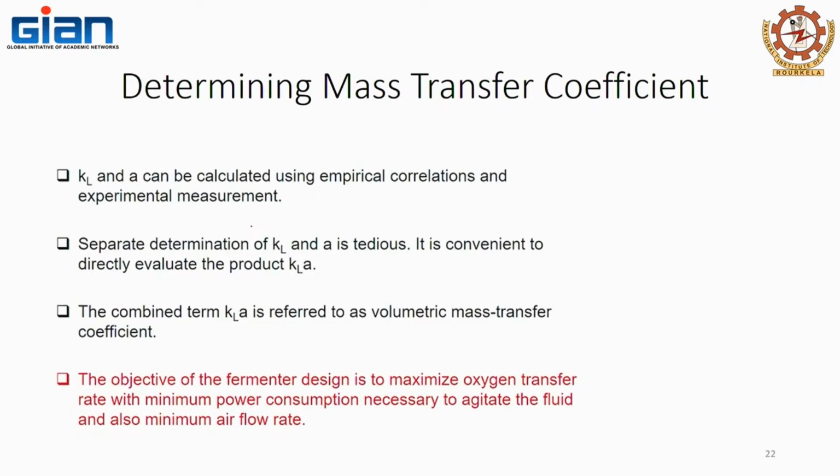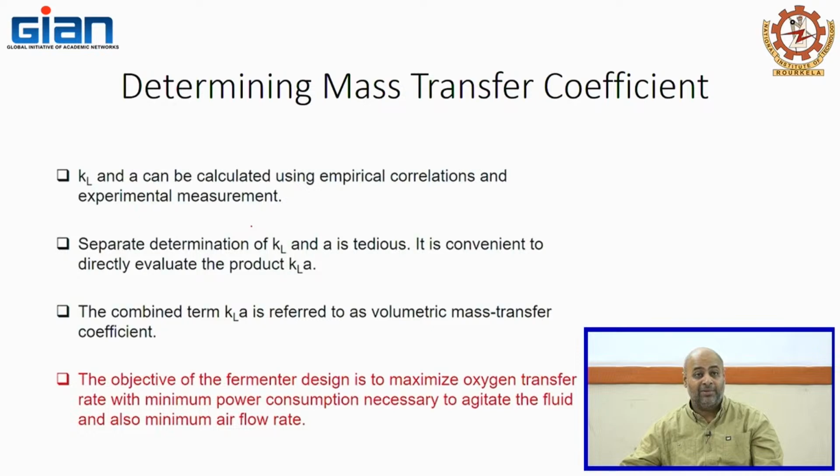Now, determining the mass transfer coefficient, the KL and A can be calculated using empirical correlations and experimental measurements. Experimental measurements are the most common way of estimating the KLa value. Separate determination of KL and A is tedious. It is convenient to directly evaluate the product KLa. The combined term KLa is referred to as a volumetric mass transfer coefficient.